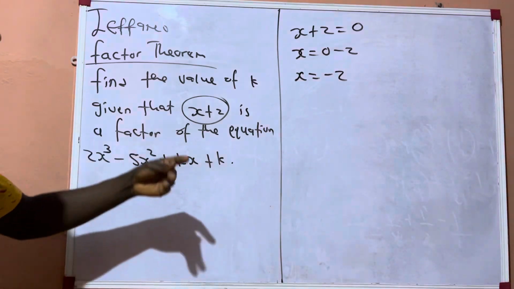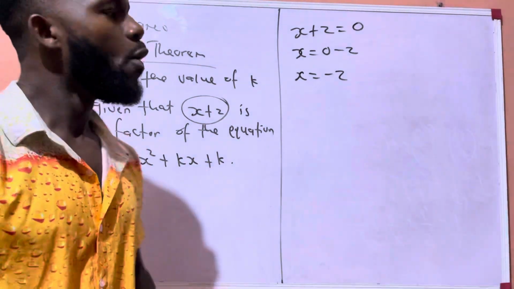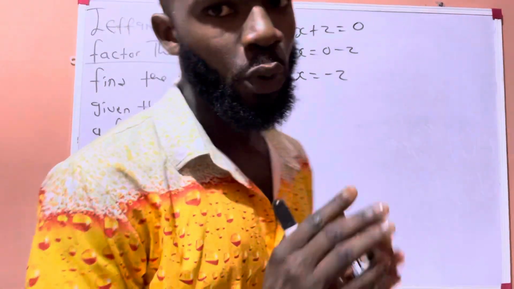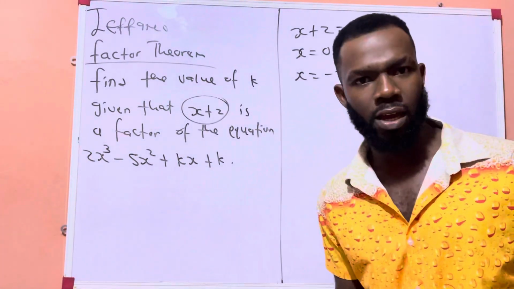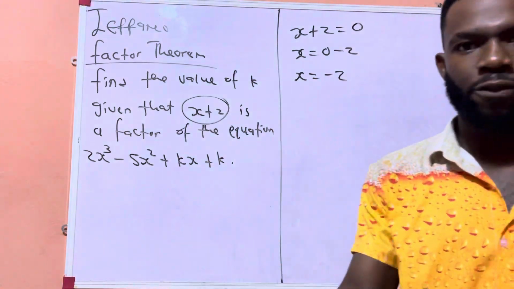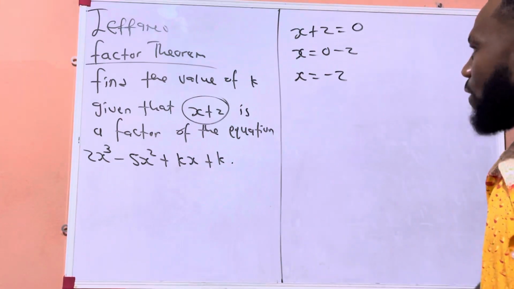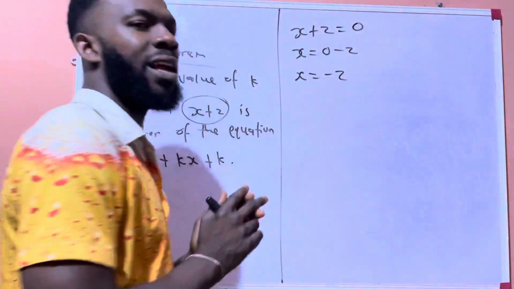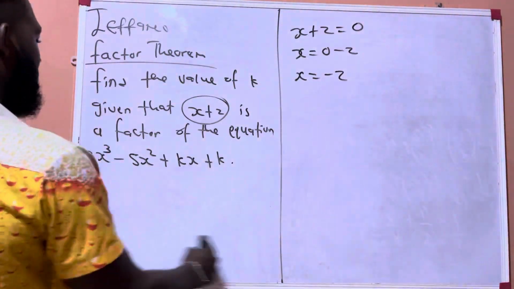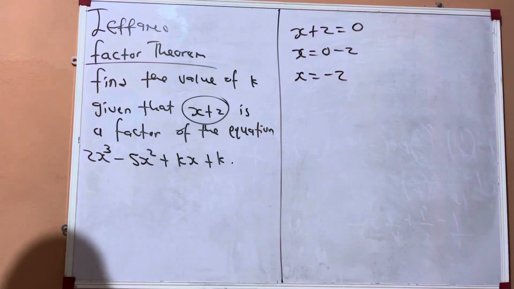Remember, we were not told to find the value of x. We were told to find the value of k. But there is no way we can find the value of k when we don't know the value of x. So now that we have the value of x, which is minus 2, the next thing we do is substitute the value of x in the expression and equate it to 0.